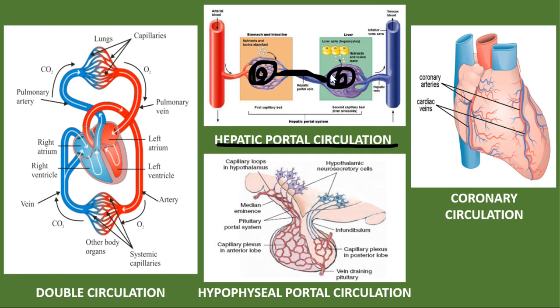The portal vein, together with its double set of capillary system, constitute the portal system. The circulation of blood through portal system from one organ to some other organ and not to the heart is called portal circulation.